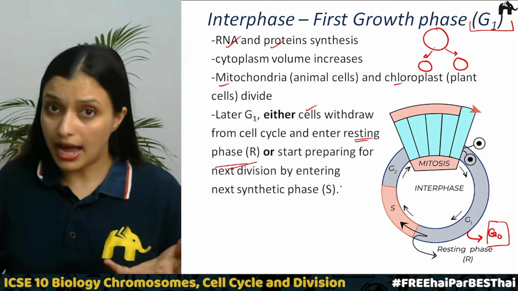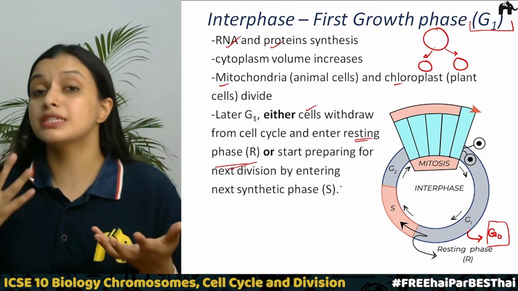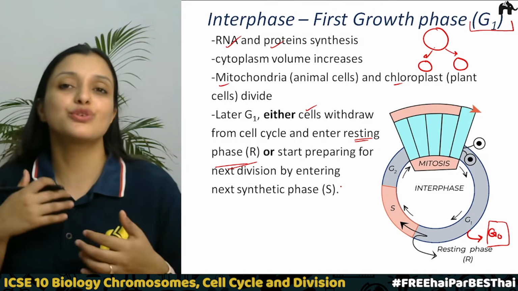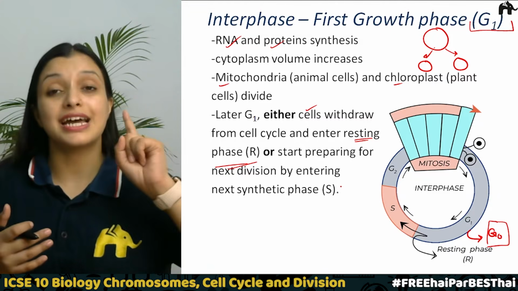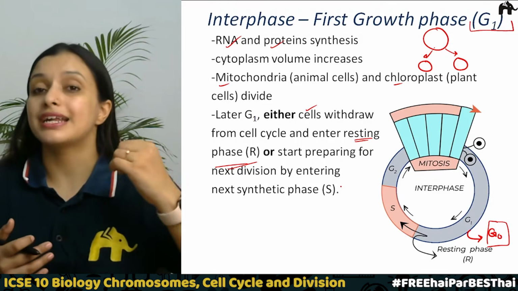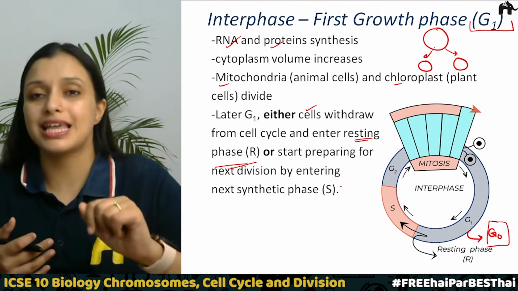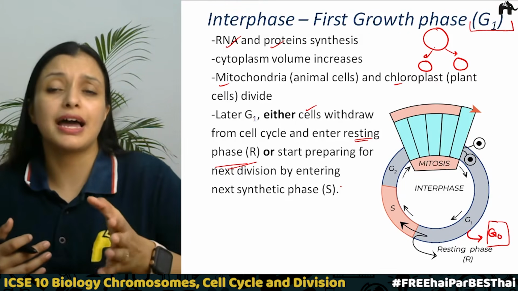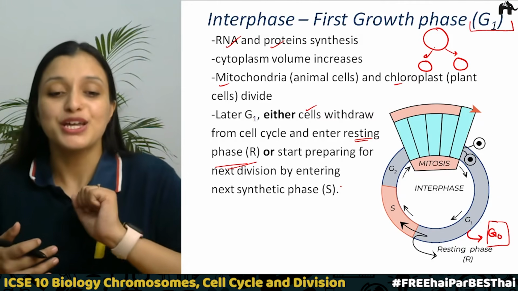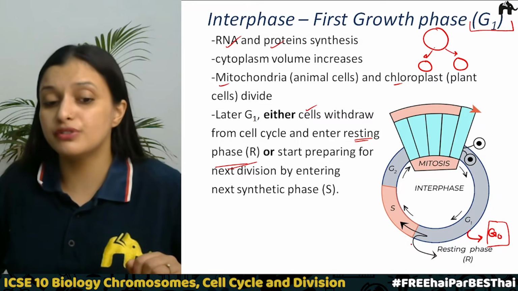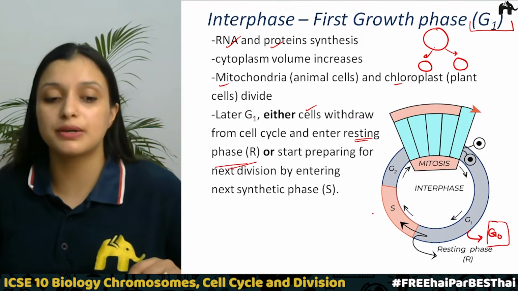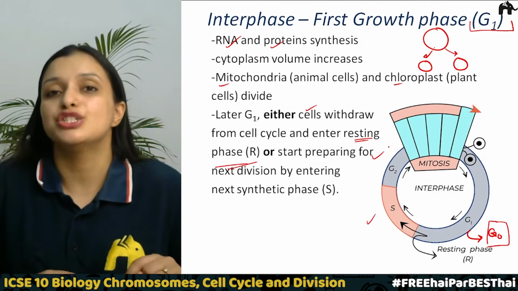And if the cell wants to enter the cell cycle, it starts entering the next phase of this interphase, that is the S phase, the second phase of the interphase, right? So if you see, the length of the G1 phase is more as compared to the S and the G2 phase.